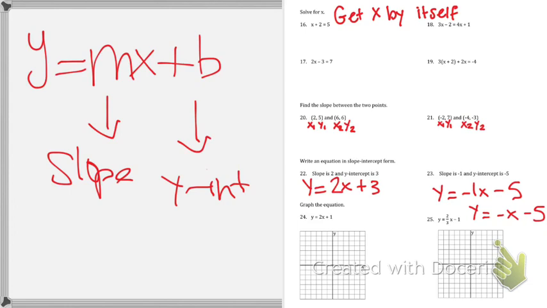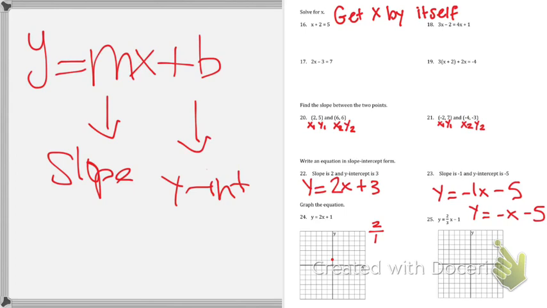So I'm going to put a point right here on the 1. Now, my slope is 2. Remember what we wrote a minute ago? Slope is rise over run. So I am rising 2 times and I'm running 1 time. Since it's positive, we're going up and to the right.